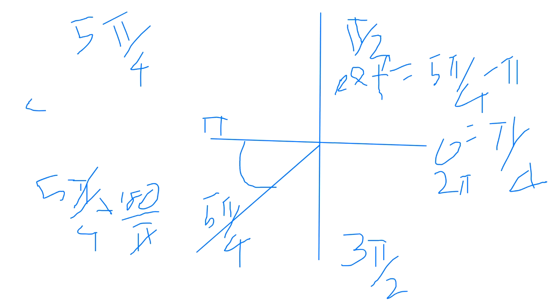Okay, in the absence of any questions, let's look at another example. We have negative 7 pi over 6.